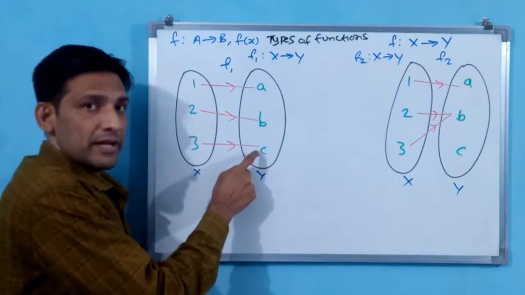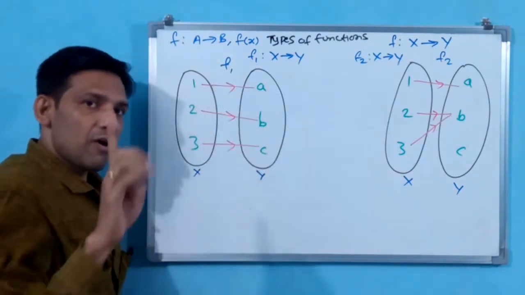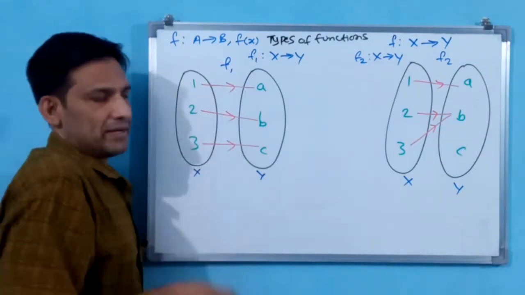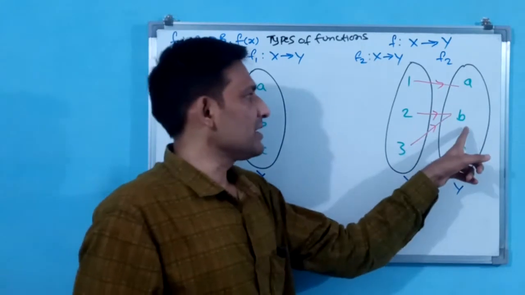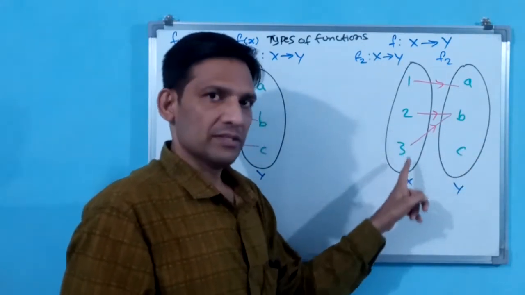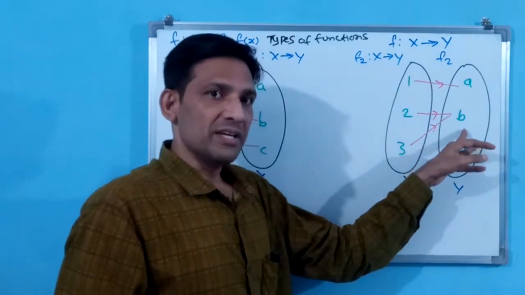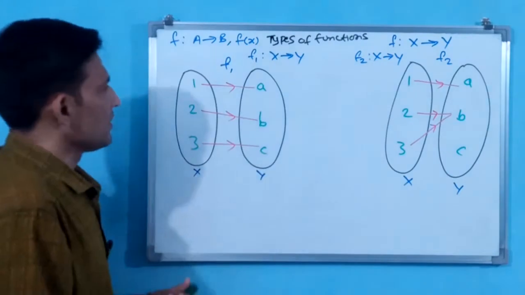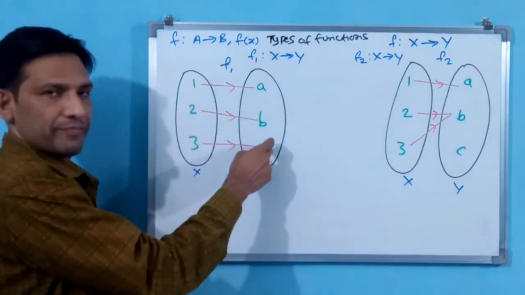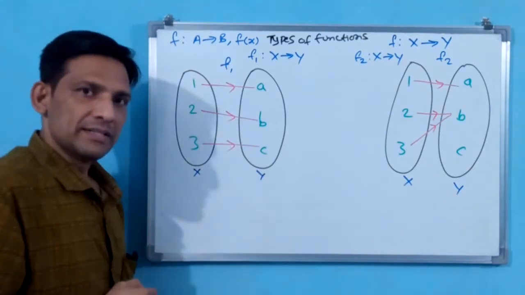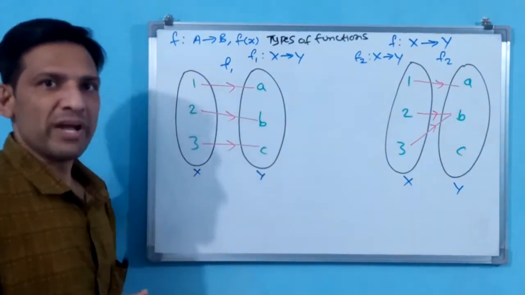Now you see here, these elements or images are related to only one element in the domain, but here element B is related to two elements, two pre-images. The image B is related to two pre-images, but here each and every image is related to only one element in the domain, or pre-image.